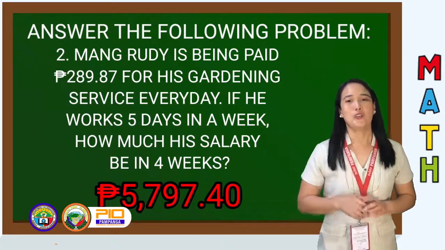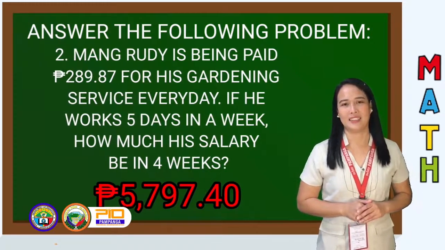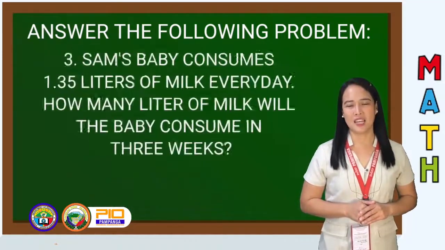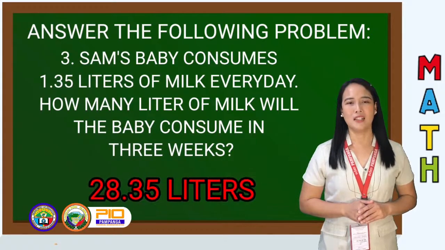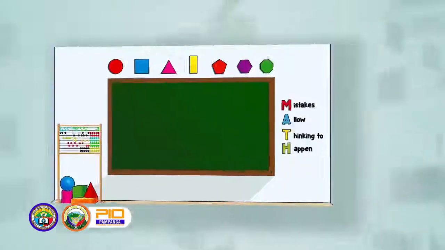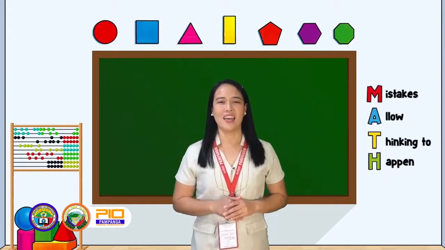Okay, kids, don't forget the peso sign and the decimal point. And for number 3, the correct answer is 28 and 35 hundredths liters. I'm sure most of you got a perfect score.